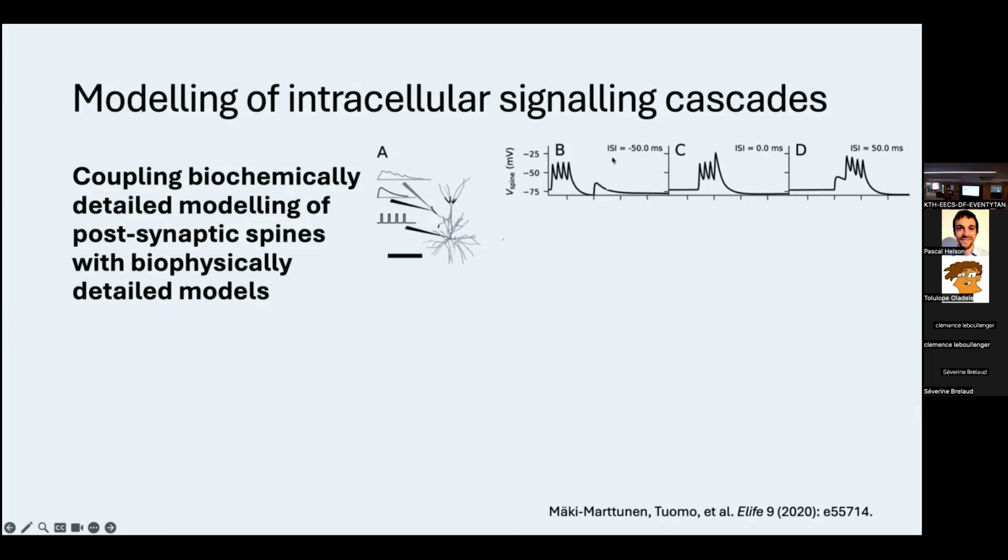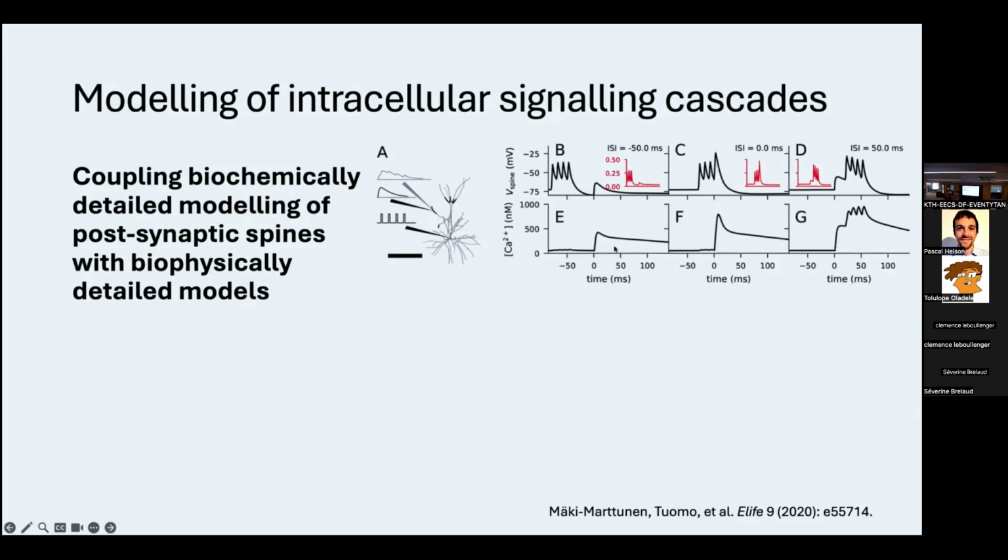So here I'm showing 3 different time point interstimulus intervals. So when the postsynaptic activation comes before presynaptic activation, then at least here in the time 0, there's less calcium inputs. But when they come more or less at the same time, then we have a stronger calcium inputs, and that leads to then stronger accumulation of calcium in the pre-post versus the post-pre protocols.